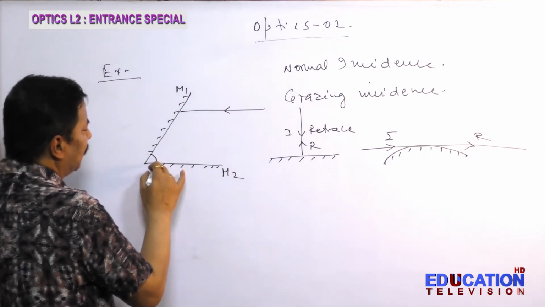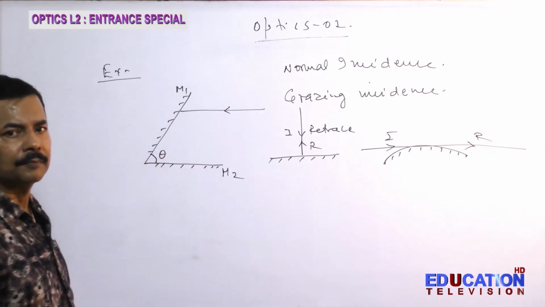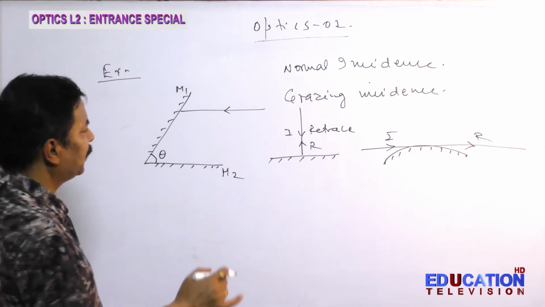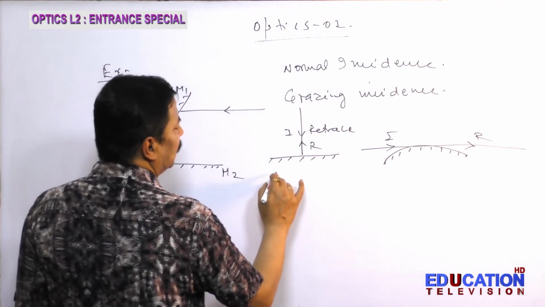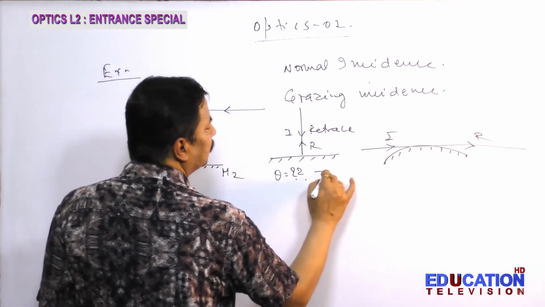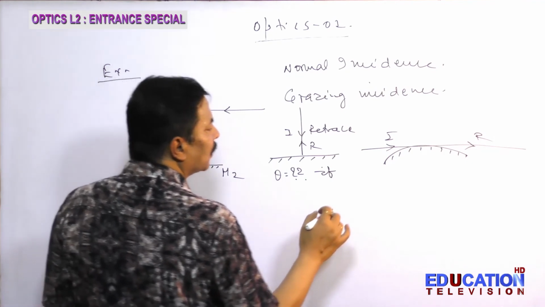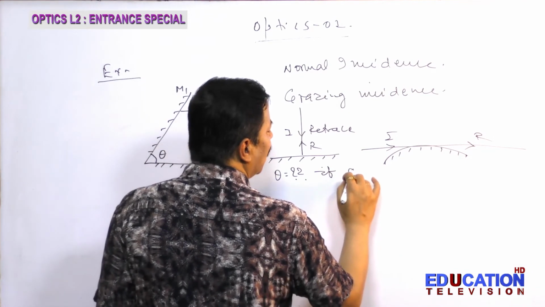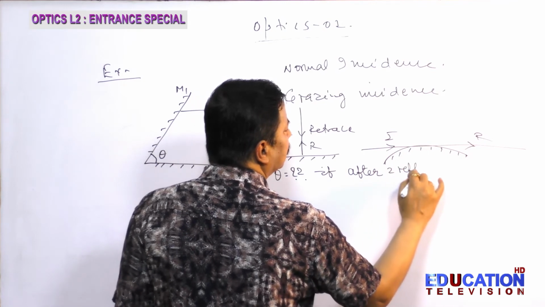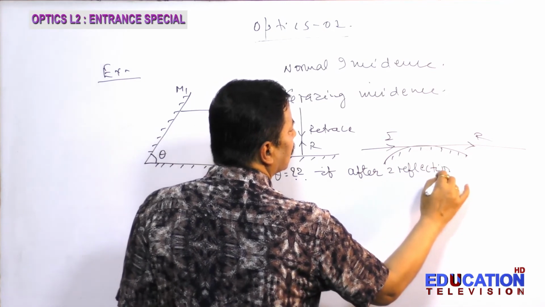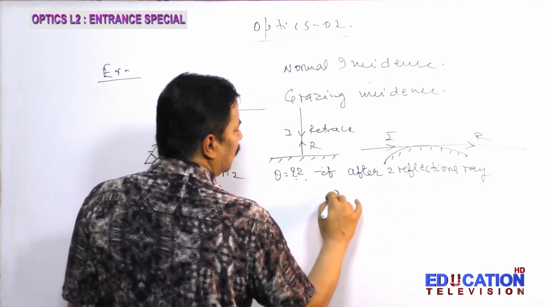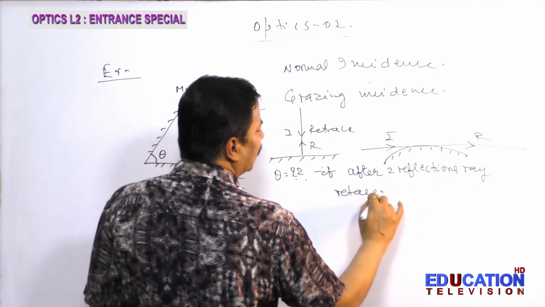The angle between the mirrors is theta, and you have to tell the value of theta. Theta is equal to question mark if after two reflections the ray retraces its path.